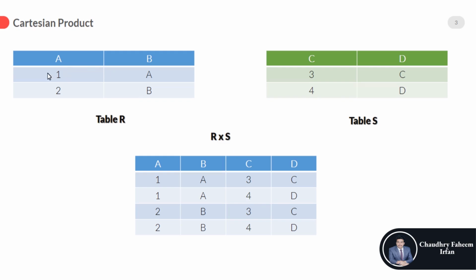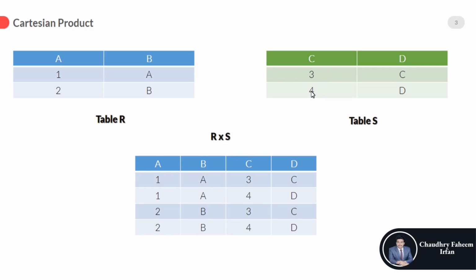Each row from R is going to make a relation with each row from S, like 1A from R and 3C from S, then 1A from R and 4D from S, and 2 2 is going to make a relation with 3 4.